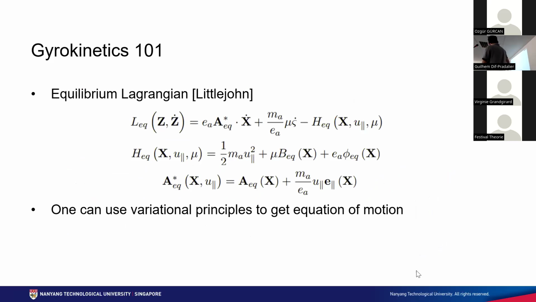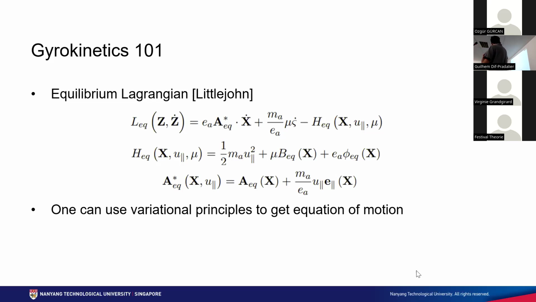Now, we usually start with the Lagrangian. The Lagrangian has been given by Littlejohn. If you set up some kind of electromagnetic field in the background, and then you write it in such a form, you take the variation of that, and you are able to get the equation of motion for the particles in the coordinates of your choice.